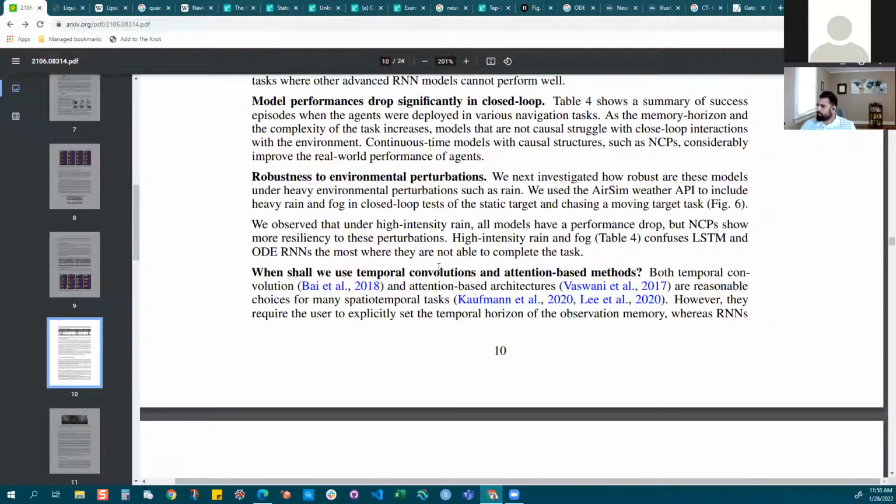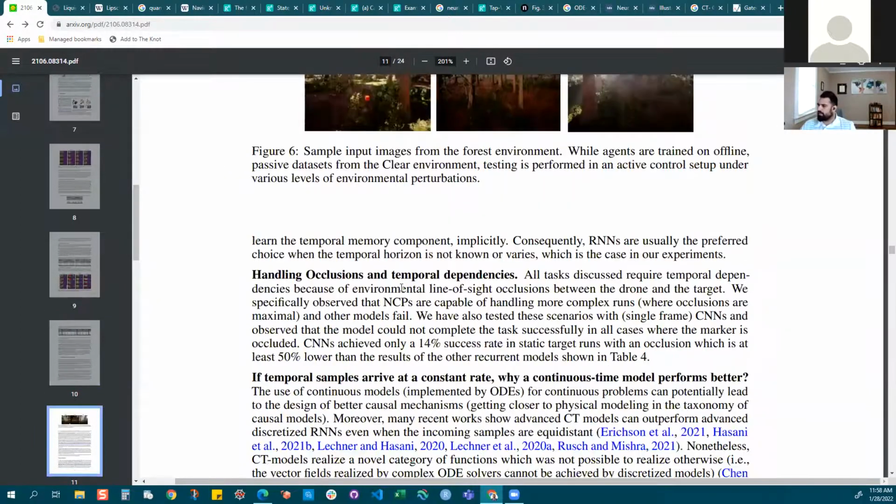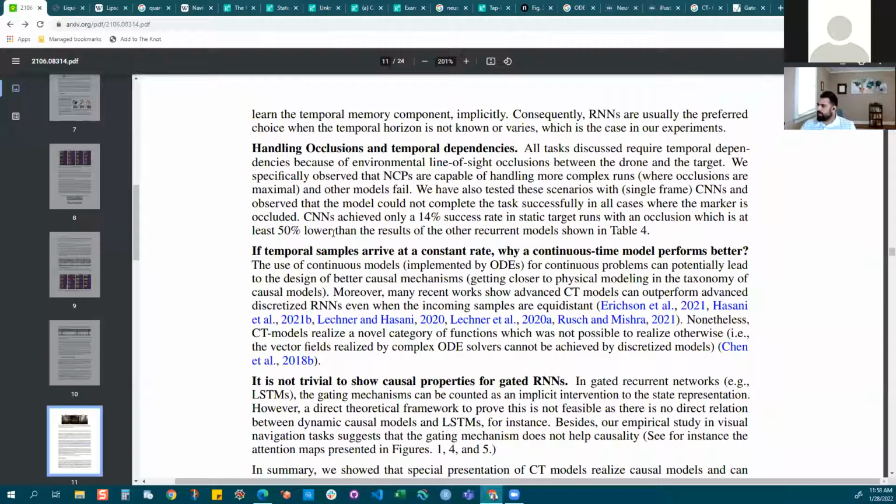And then they talk about why they use recurrent neural networks and why not temporal convolutions or attention-based models. And then they explain why they did that and how they can handle occlusions and temporal dependencies using what they have, because they're using differential equations.